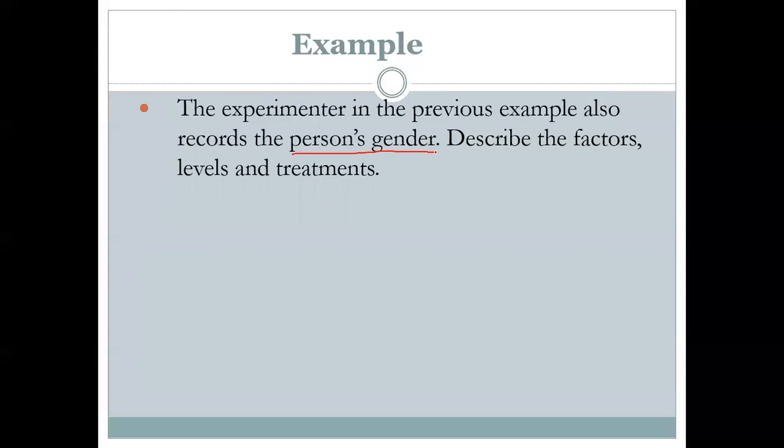So that refers to the meal. But now, in the same experiment, they also record the person's gender. So what are the factors, the levels, and the treatment?